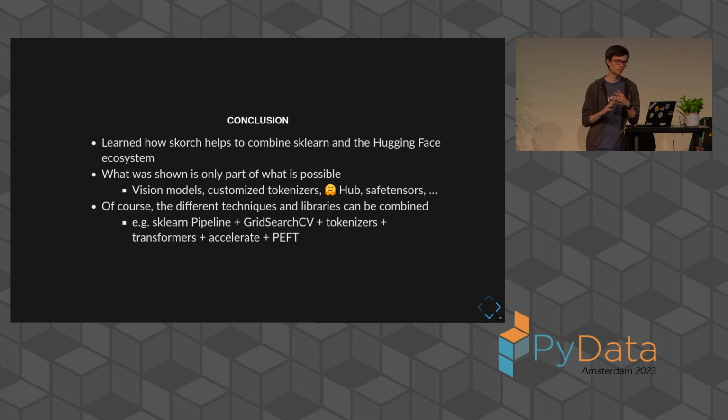You can use the Hugging Face Hub to store checkpoints. You can use safetensors, which are like a persistence format that is safer than Pickle. So there's a bunch of stuff added. And of course, you can also combine all of those techniques. So you can have a scikit-learn pipeline in a grid search with tokenizers and transformers, made faster with accelerate and more efficient with PEFT. So all of that works together.